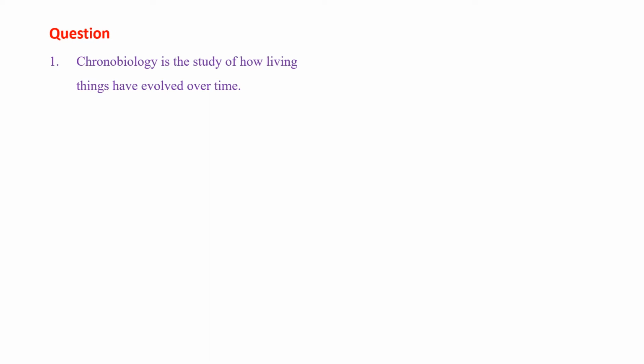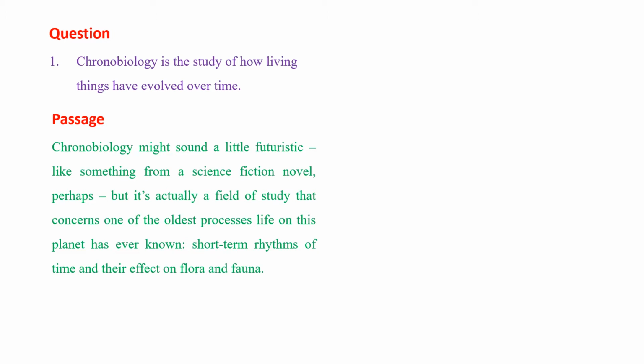The answer for this question is in passage A. Chronobiology might sound a little futuristic, like something from a science fiction novel, perhaps, but it's actually a field of study that concerns one of the oldest processes life on this planet has ever known: short term rhythms of time and their effect on flora and fauna.